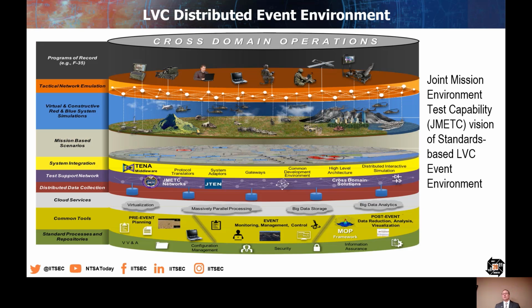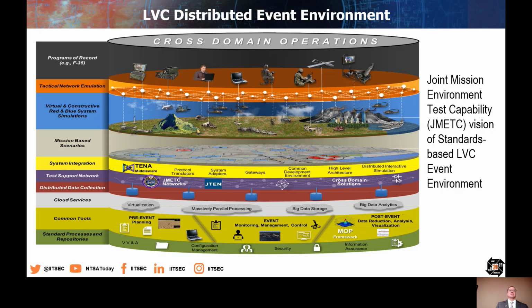So we talked about an LVC distributed event environment. This graphic I use from our friends at JMETC, the Joint Mission Environment Test Capability. As I mentioned earlier, there are various networks out there that connect a lot of different locations, labs, facilities, test ranges and training ranges together.